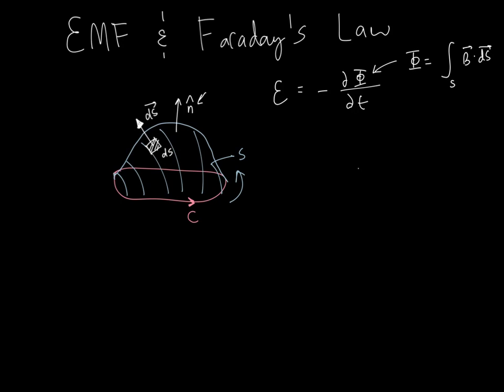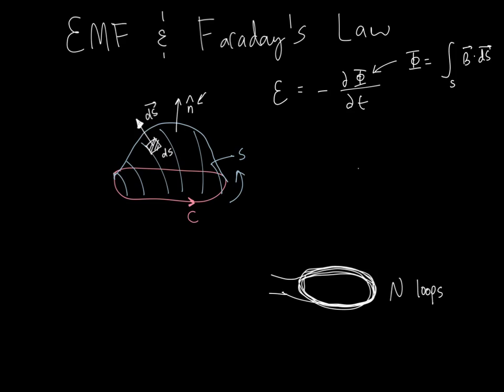So one thing I want to say about all this is, let's suppose you've got a coil of wire, and each loop in the coil has the same cross-sectional area, like this, and there's N loops. So N loops in this coil.